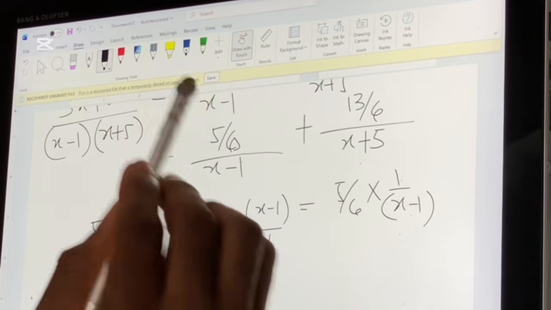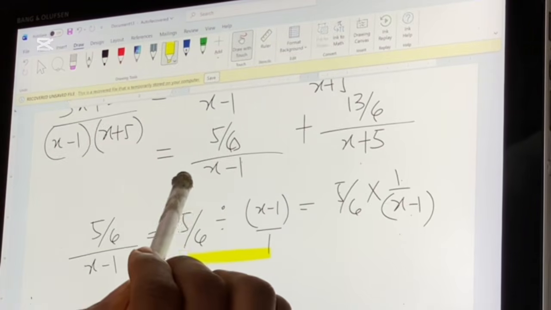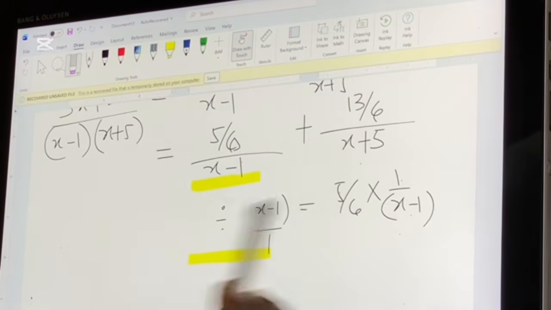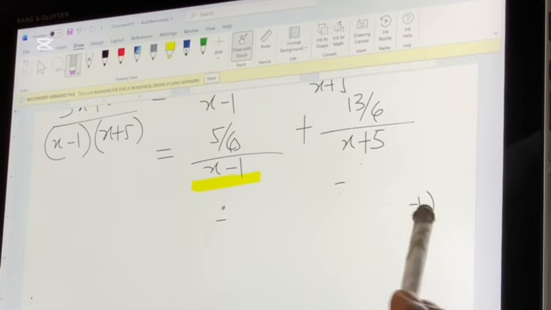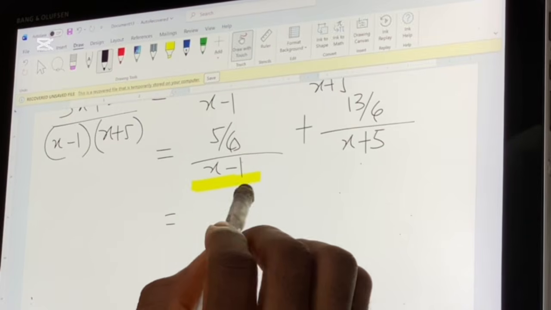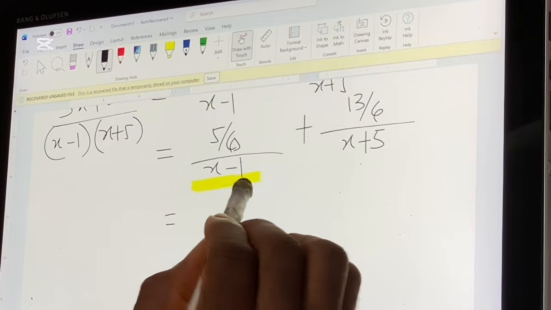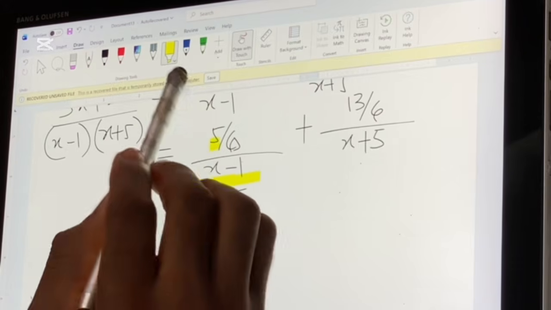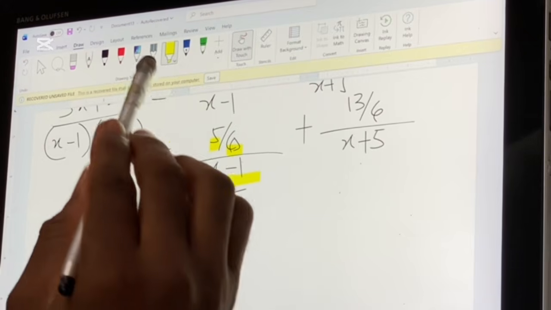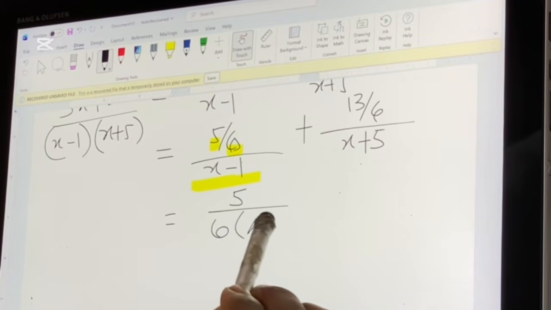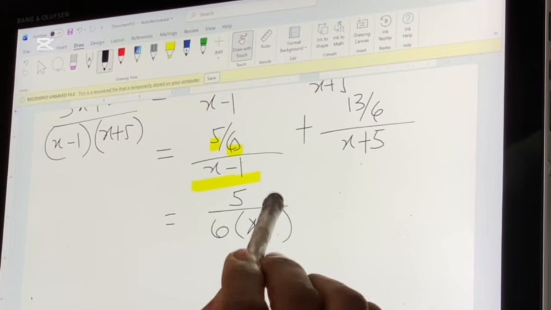So when you evaluate this perfectly, it will be equal to 5, which is the one at the numerator, will be at the top, while the one at the denominator will come down, which is going to be over 6 into s minus 1.